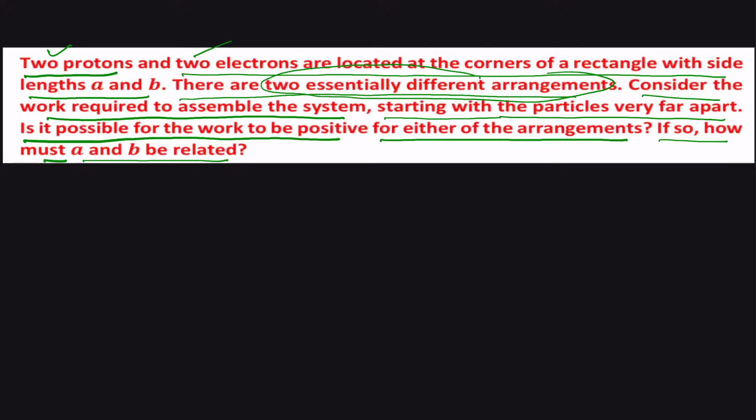And another thing it asks is that I have to find out the work, and for work it is much more convenient to find out the total electrostatic potential energy, because work equals the total electrostatic potential energy. So we start from there.